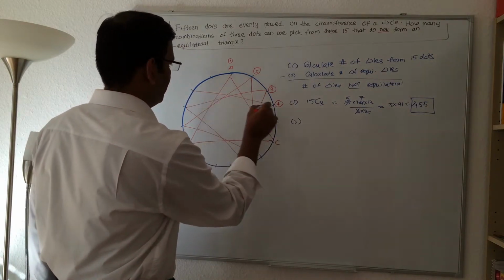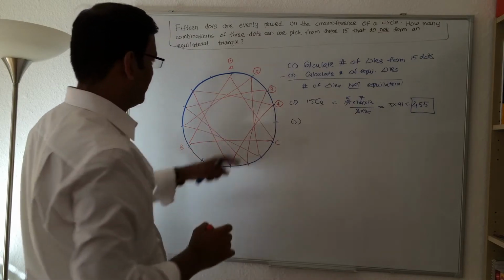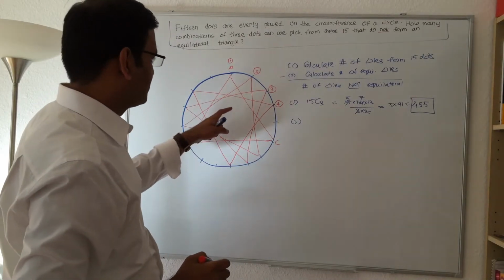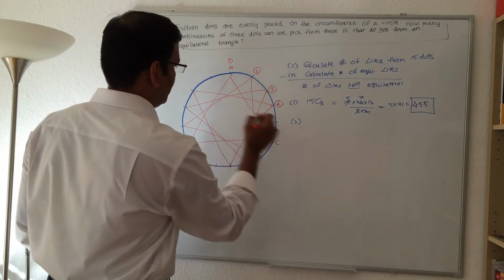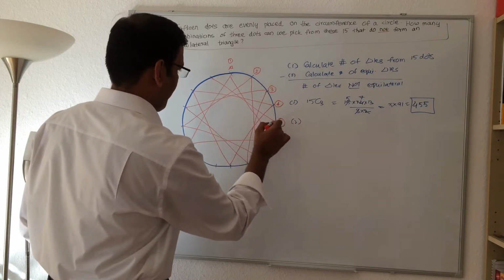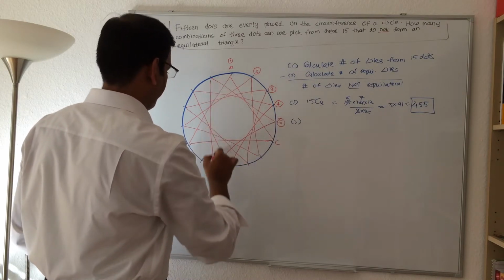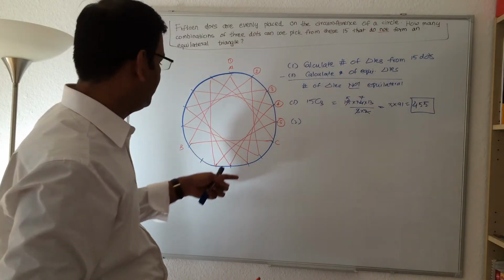So let us connect. Is the triangle unique? Yes. Is it equilateral? Yes. So we have 4 triangles. Now let's say 5. Is the triangle unique? Yes. Is the triangle equilateral? Yes.